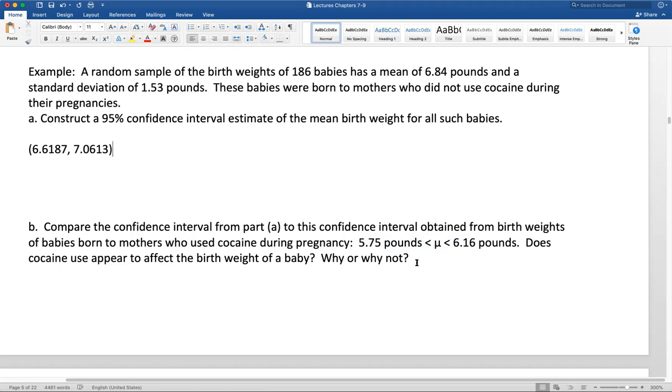Okay, so that's the reason. So the answer is yes, the cocaine appears to affect the birth weight of babies.